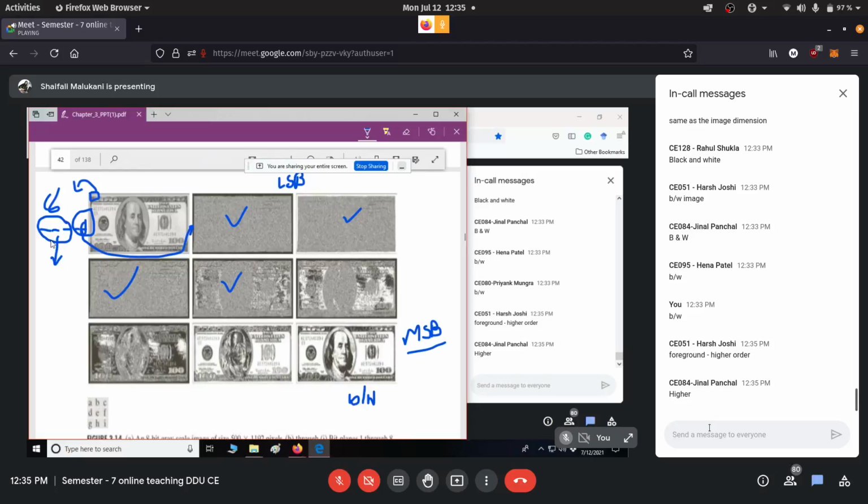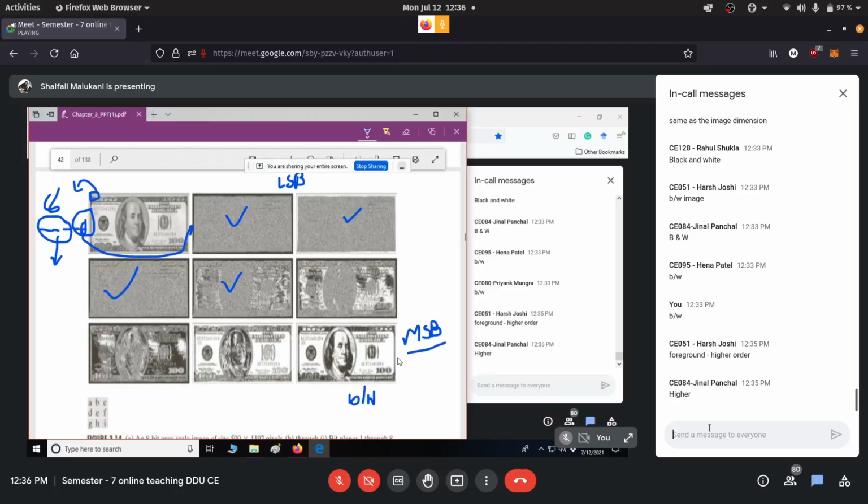True. Okay. So suppose I store just 1 bit instead of 8 bits, and I give you that one bit and you reconstruct from it, you will get this image. If you use it in imshow, you will get this.